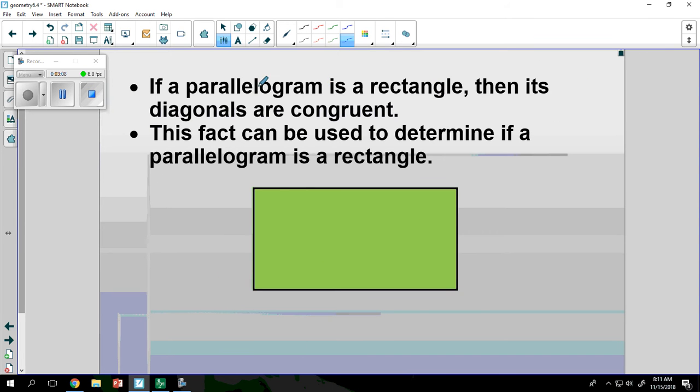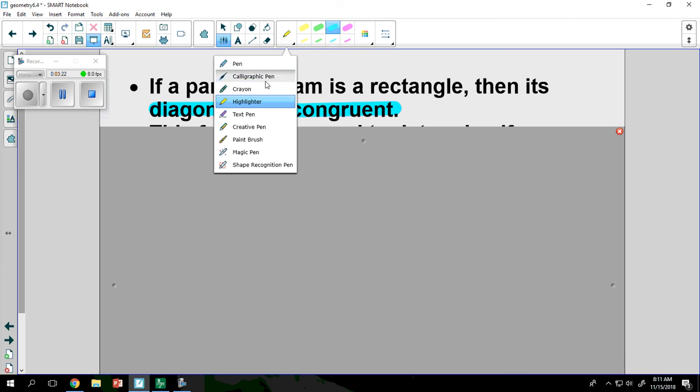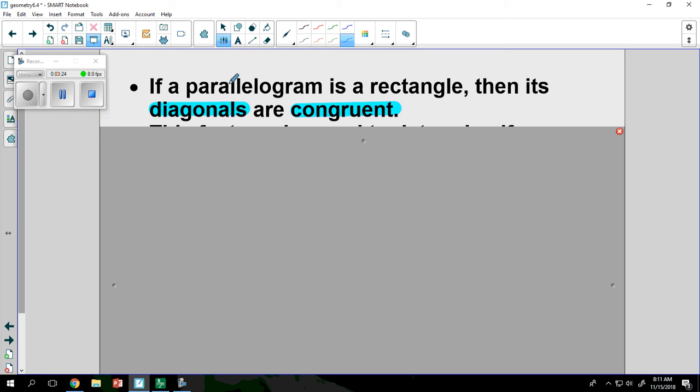In addition to that, instead of just the diagonals bisecting each other, if a parallelogram is a rectangle, then its diagonals are congruent to each other. So if it happens to be a rectangle, the diagonals, in addition to bisecting each other, are also congruent, so they're equal to each other.